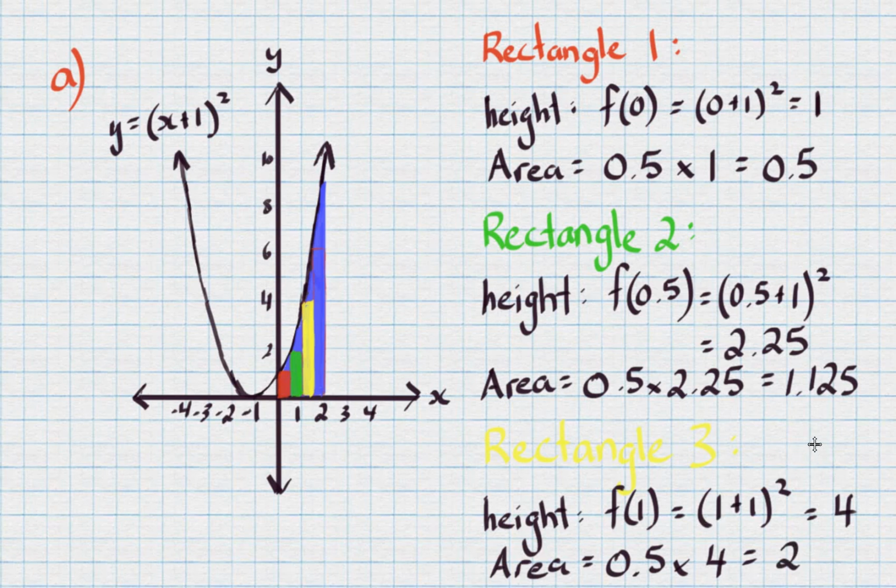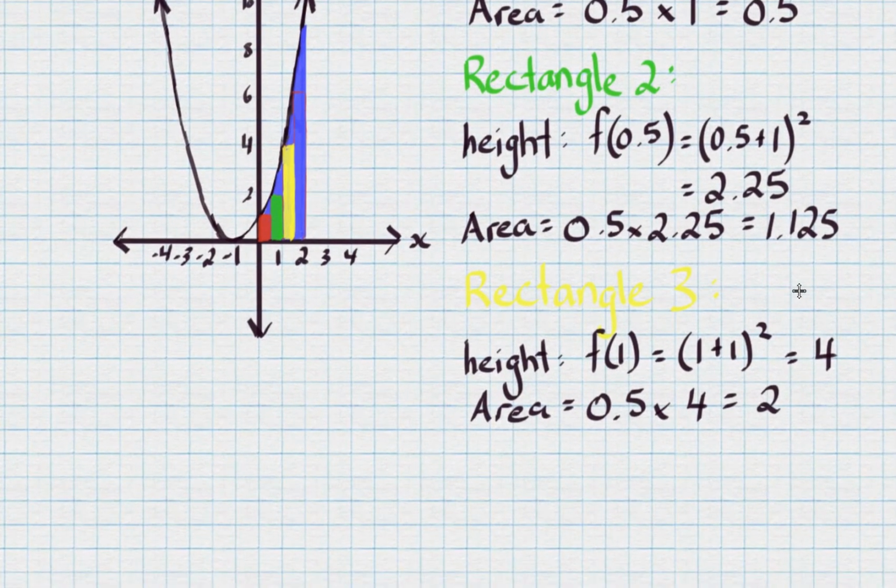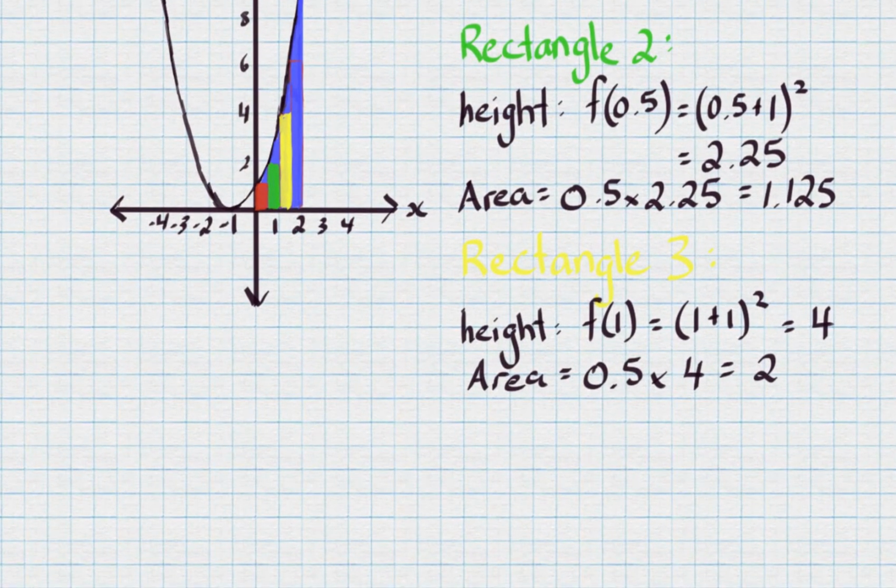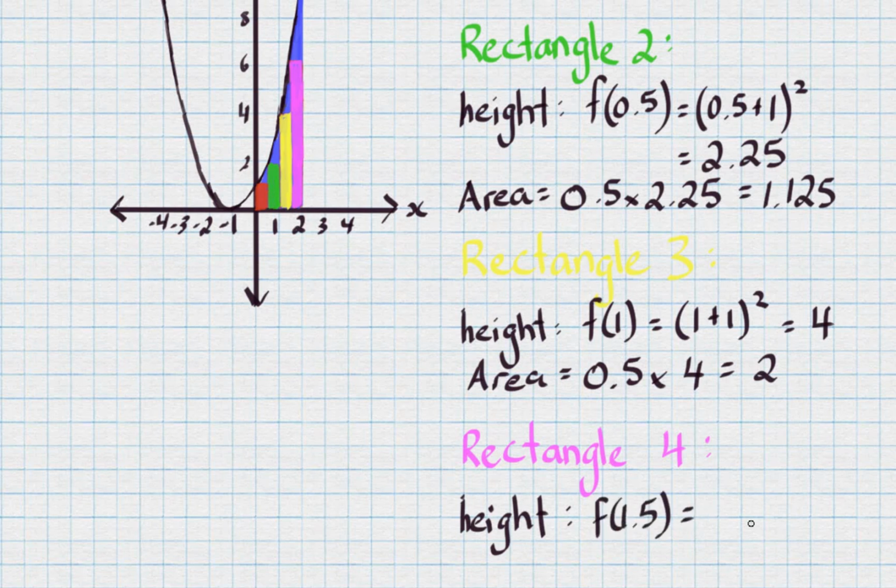And our fourth and final rectangle, which will be the largest one, can be worked out as follows. Its height is what we get when we substitute in x equals 1.5. See, just here, this value. f of 1.5 is equal to 1.5 plus 1 all squared. 1.5 plus 1 is 2.5, and 2.5 all squared is 6.25.